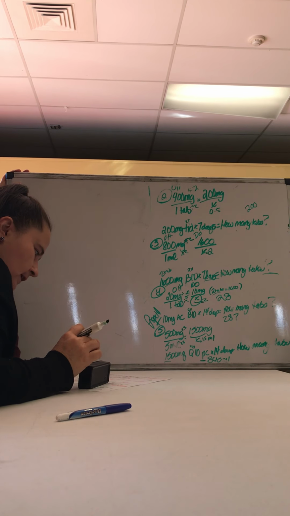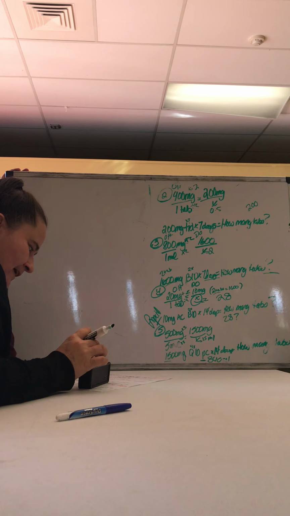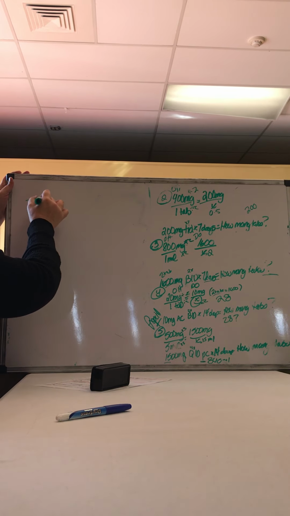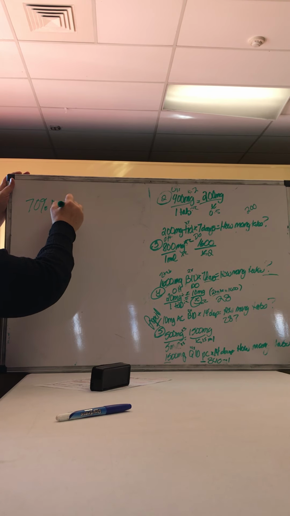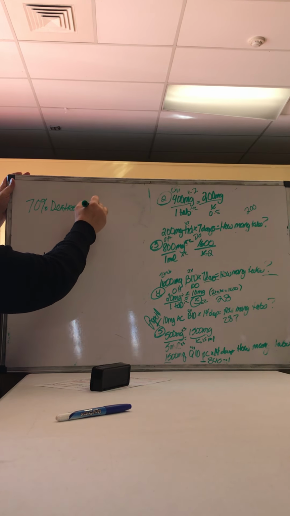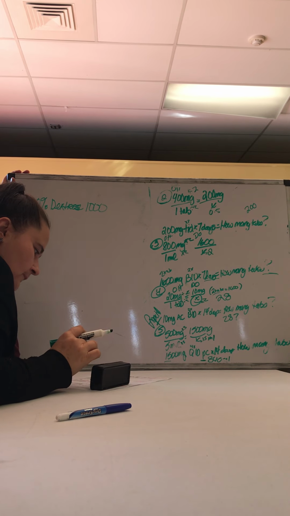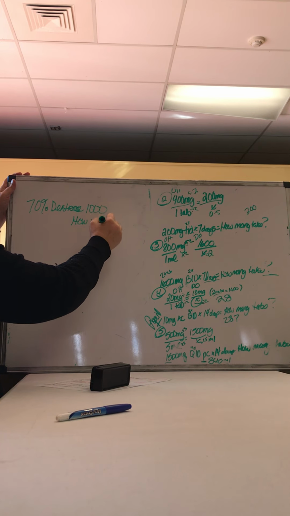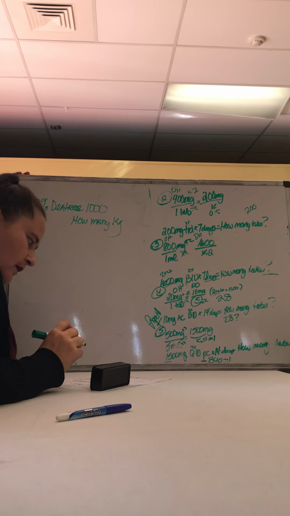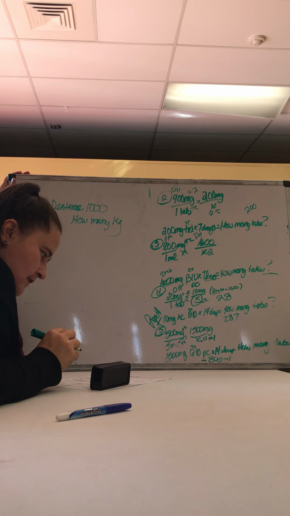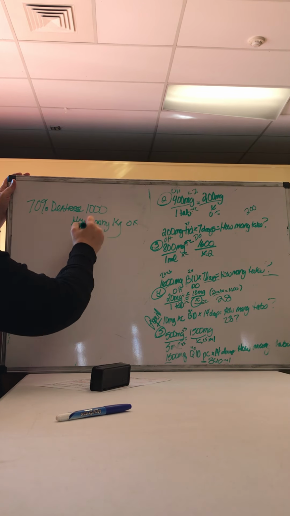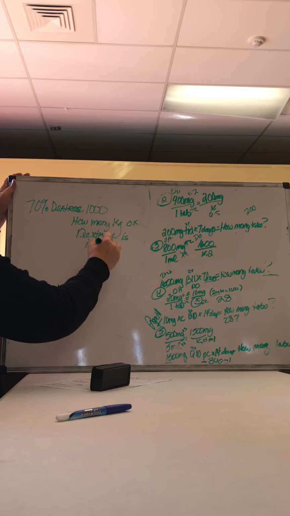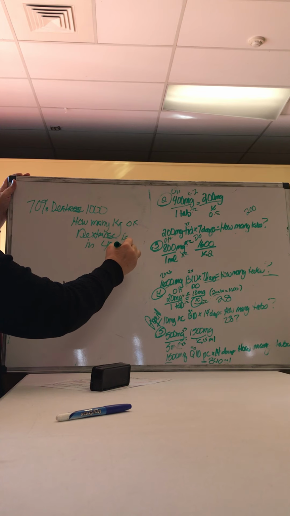Okay? Next, let's go to, you have 70% solution of dextrose 1000. So we already know we got 70% of dextrose 1000. That's what we got. How many kilograms of dextrose is in 400 milliliters?